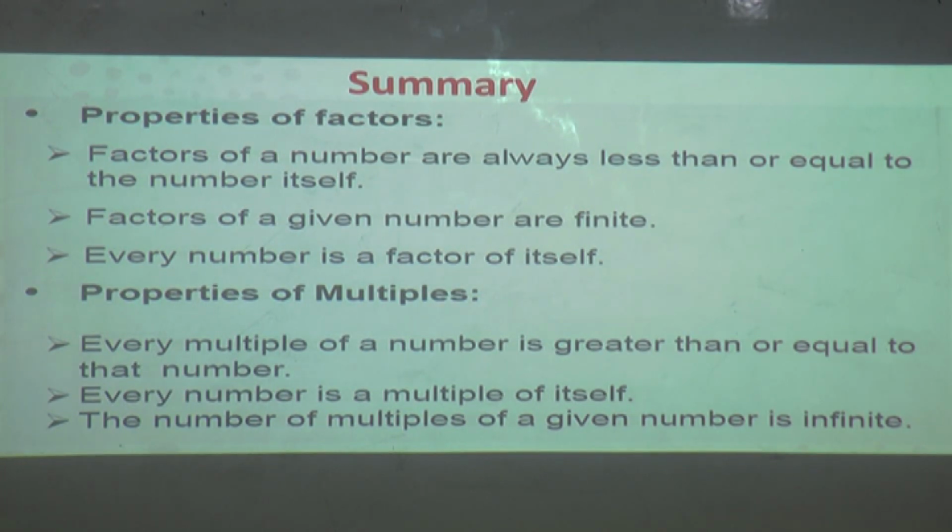The next property, every number is a multiple of itself. The number of multiples of a given number is infinite. That means we have many multiples, infinite, means it cannot be counted. Okay, so these were the properties of factors and properties of multiples.